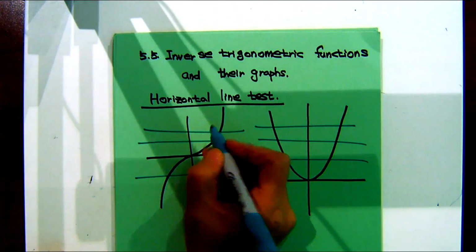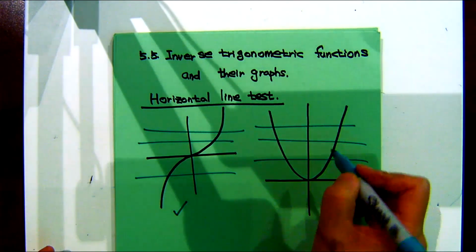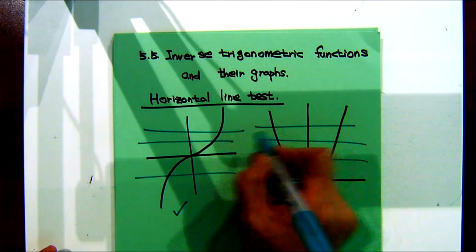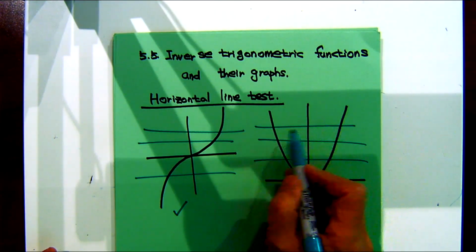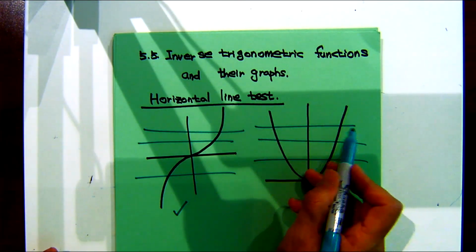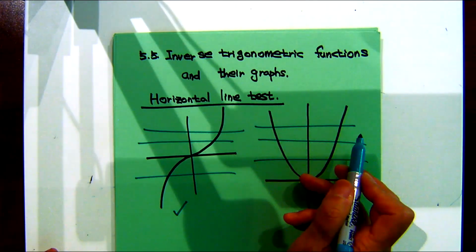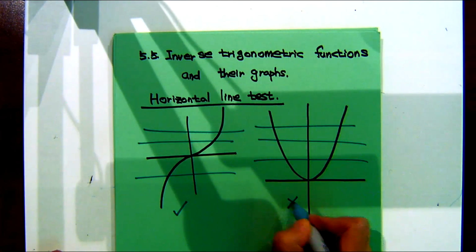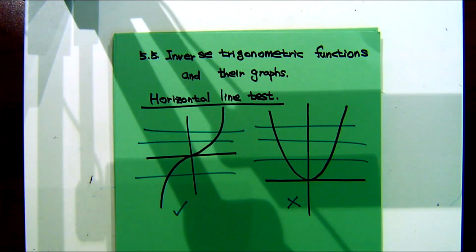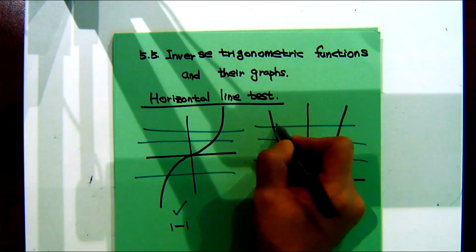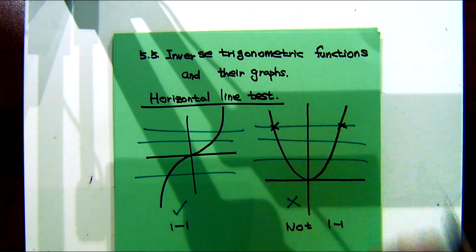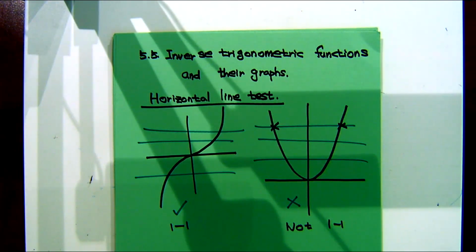So this passes the horizontal line test, but this doesn't pass the horizontal line test because at these points, the line will hit the graph at 2 points. So this is not. So this is one-to-one. This is not one-to-one because it meets at more than 1 point.